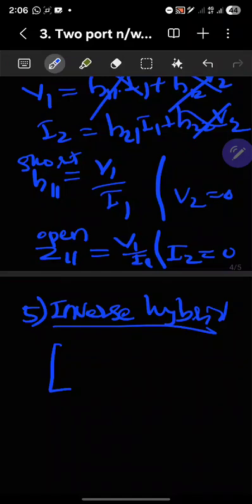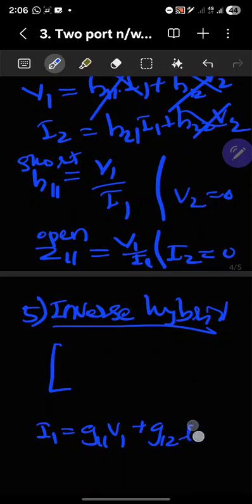I'll write the expression: I1 is equal to G11 V1 plus G12 I2. Then V2 is equal to G21 V1 plus G22 I2.